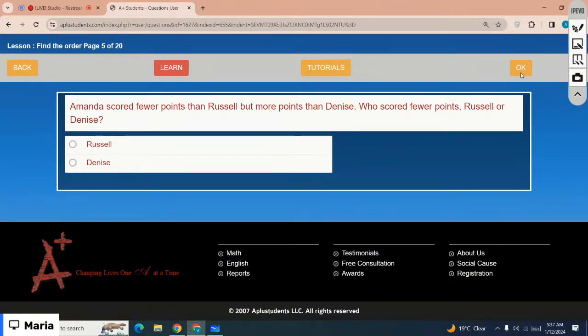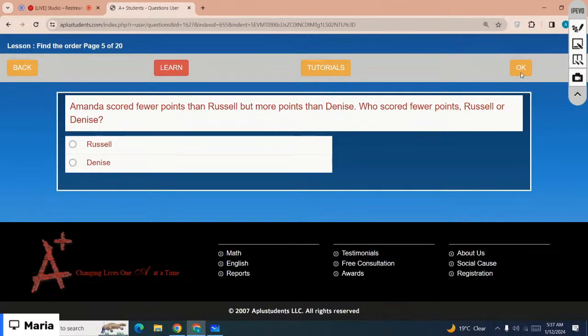Okay, Amanda scored fewer points than Russell but more points than Dennis. Who scored fewer points, Russell or Dennis? Which is the correct option? Amanda scored fewer points than Russell but more points than Dennis.